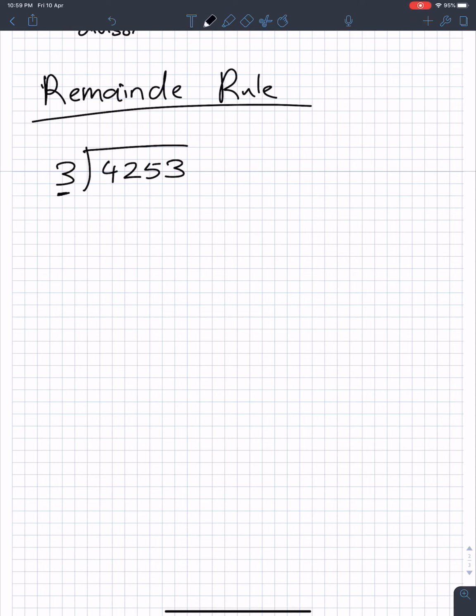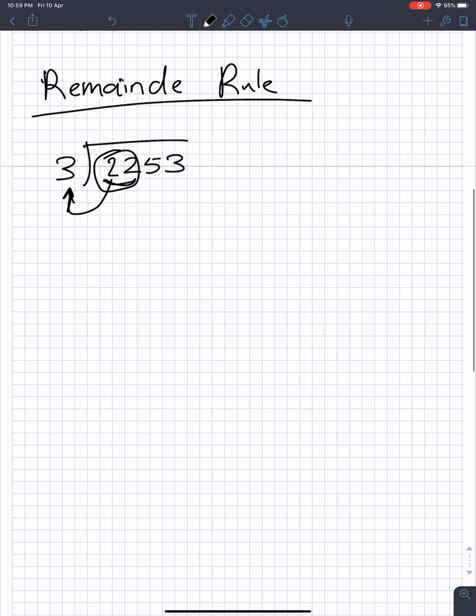But suppose that number was, for example, 2. 2 is less than 3, so we would have to combine the next number along with it. We'd take the number next to it and look at 22, and focus on 22 as the number we're trying to divide into.